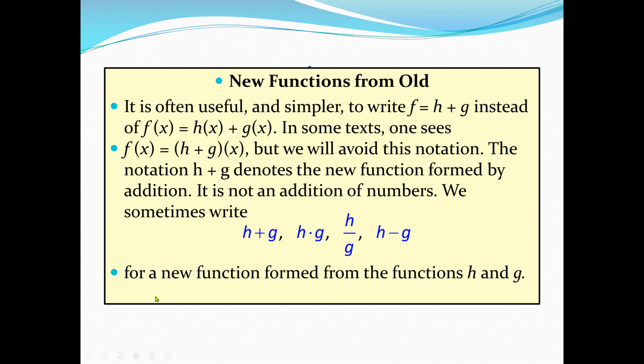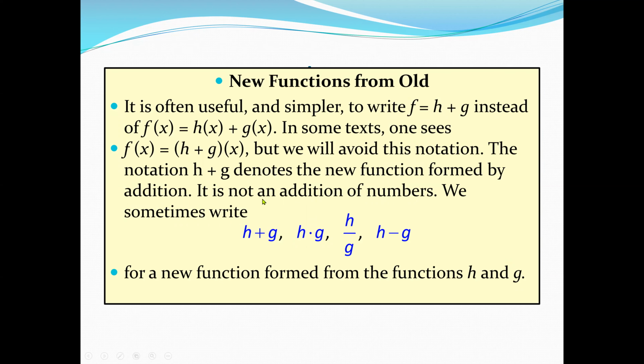Here we say it is often useful and also simpler to write f equal to h plus g, again, f equal to h plus g, instead of f at x equal to h at x plus g at x. In some texts, one says f at x equal to h plus g at x, but we will avoid this notation. The notation h plus g denotes a new function formed by addition.